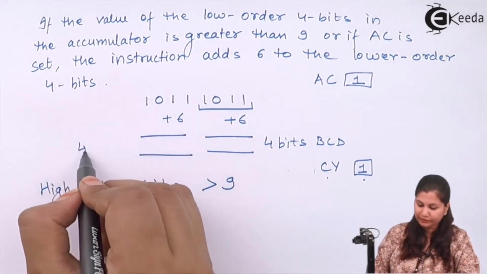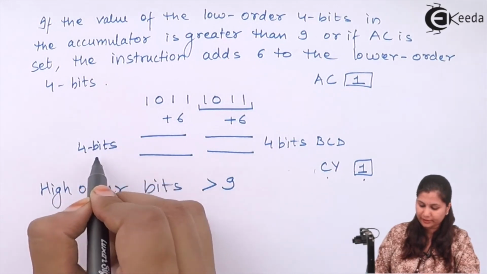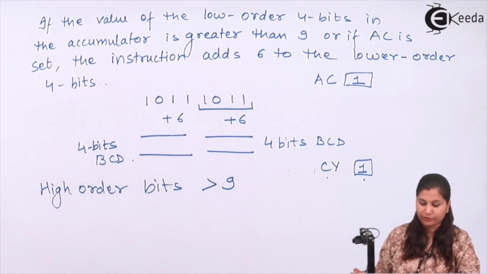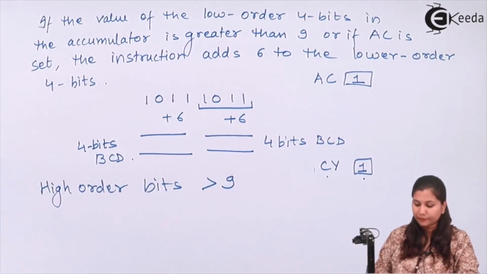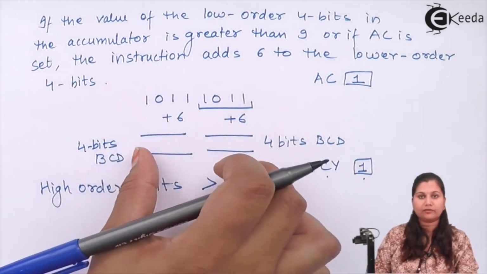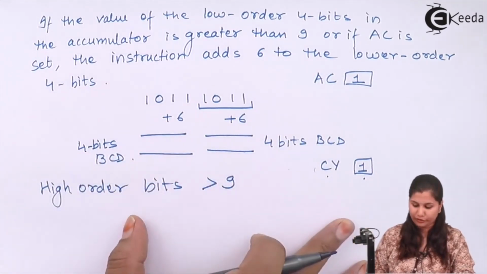And the result we have is the 4 bits in the BCD notation. So this is how the BCD conversion is performed, how a decimal number is converted into the BCD notation.